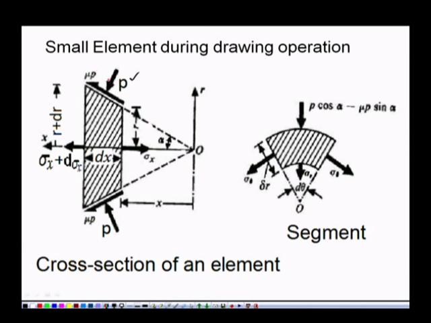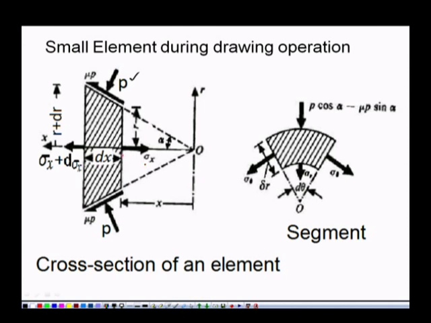Regarding the force, mu P is a frictional force acting opposite to the material flow. Here we have taken the length as dx.